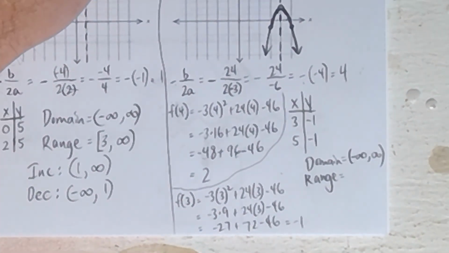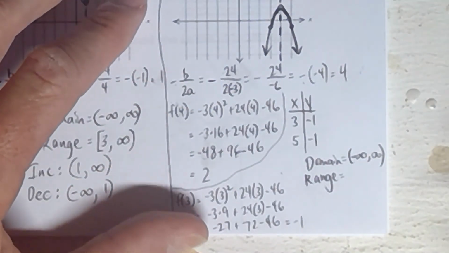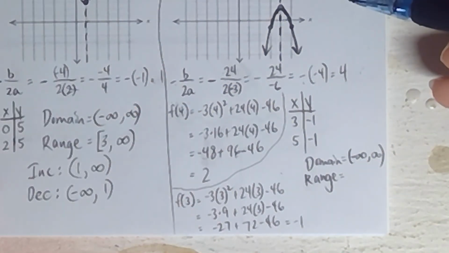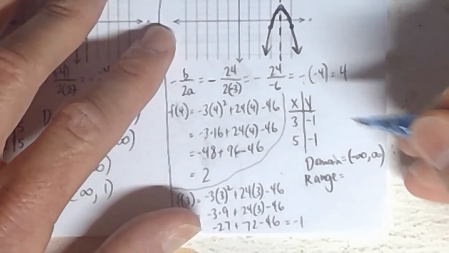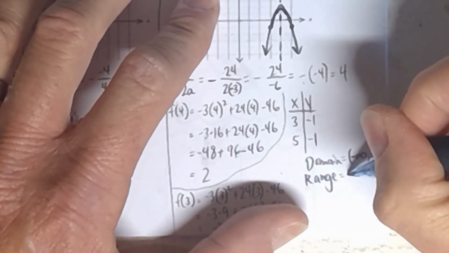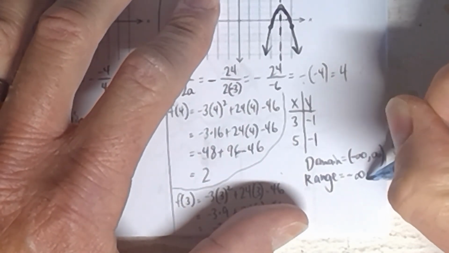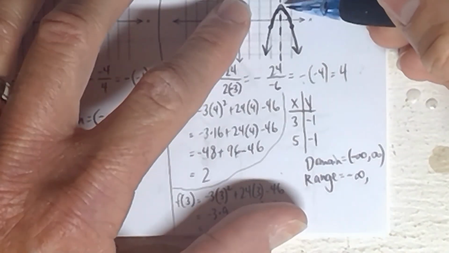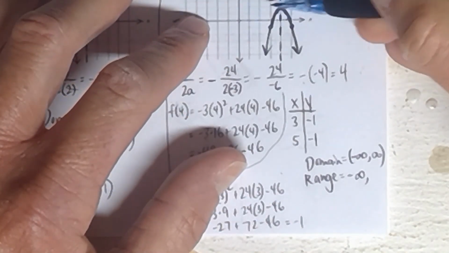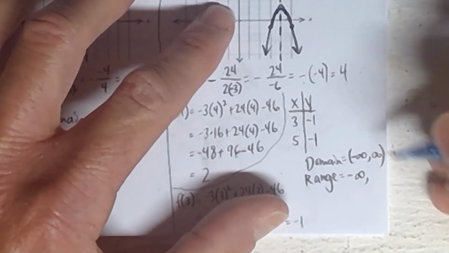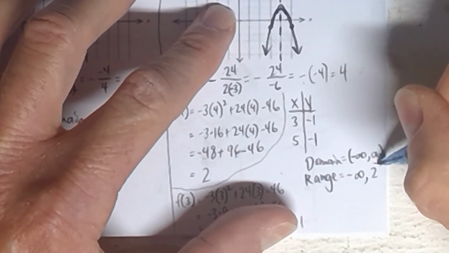And then the range is what? The range is going to be just like the first problem, because it goes downward forever. That means the range always starts at negative infinity. And because there is a highest point and the y value there is 2, the range ends at 2.